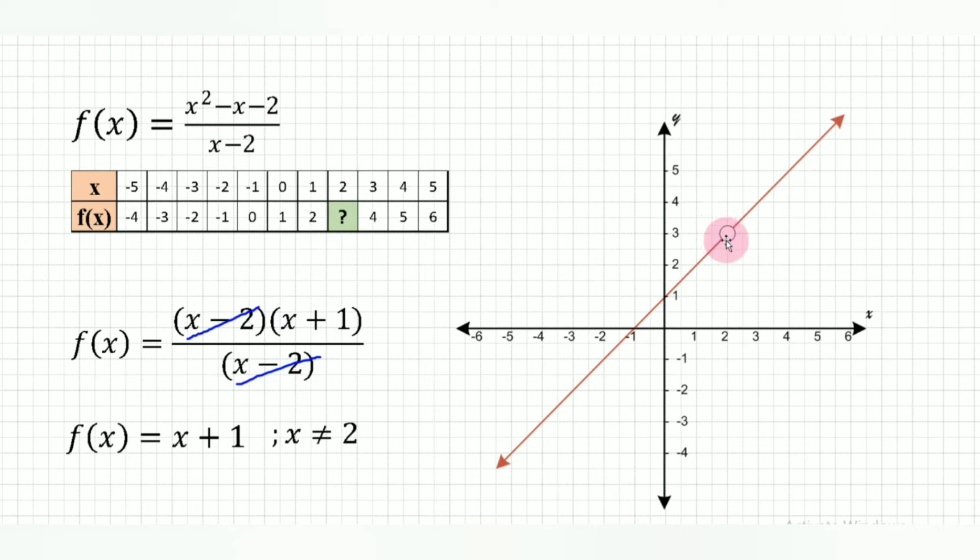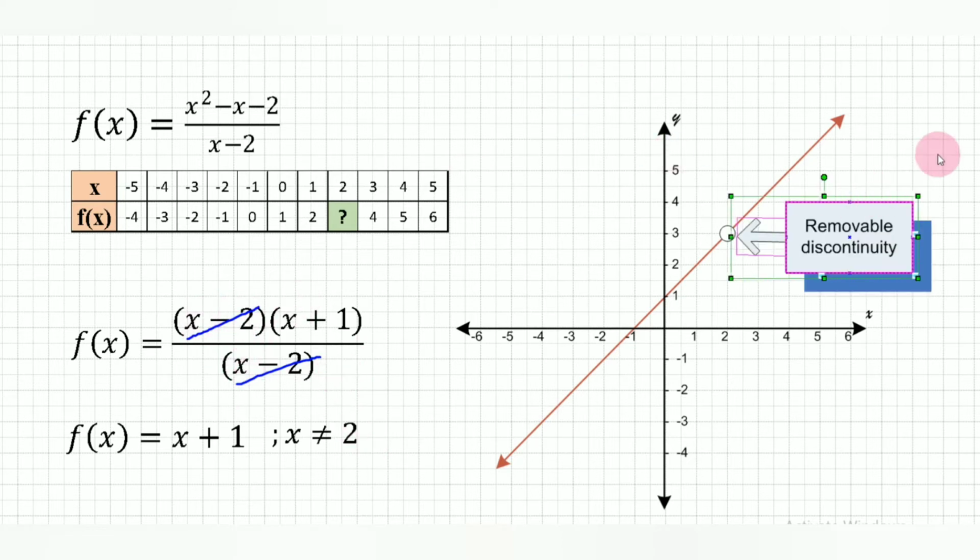And this open circle or hole is called discontinuity. Okay, because the graph is being discontinued at this specific location, x equals 2. Okay, that's why it is called discontinuity. Since the discontinuity for this one is being removed by canceling x minus 2 and x minus 2, we call it removable discontinuity.